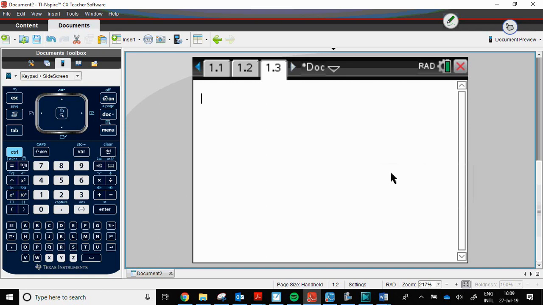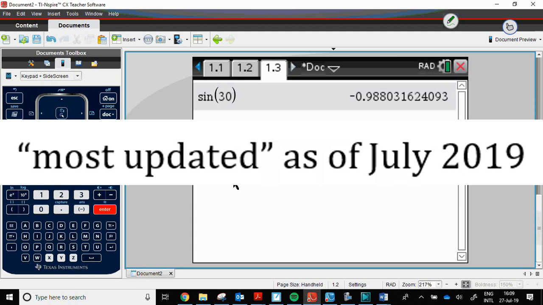This is a good time to point out on the calculator. You can tell what mode you're in just by looking at the top right-hand corner of the screen. So I'm currently in Radian mode, which means that if I were to type in the sine, for example, of 30, I'm going to get a weird-looking answer because it's interpreting that as 30 radians. On your handheld device, you should have the most updated operating system.